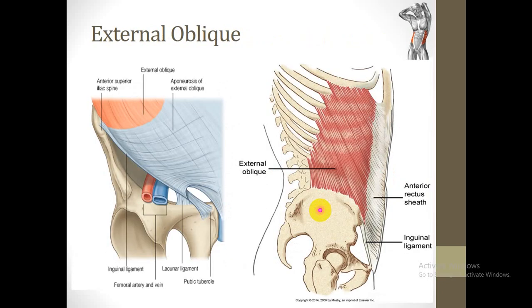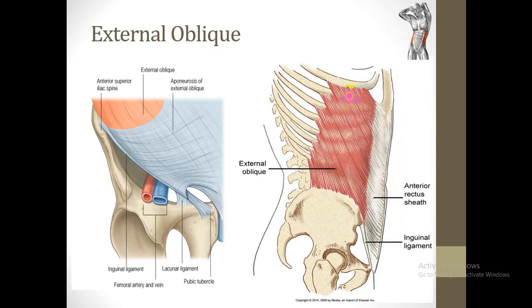So, we will start with the largest muscle, the external oblique muscle, which is considered the third layer of the anterior abdominal wall. It takes its origin from the outer surface of the lower eight ribs, and its fibers are directed downward and medially, as shown by this picture, and inserted into the iliac crest and into the linea alba, which is formed by the aponeurosis of this muscle.